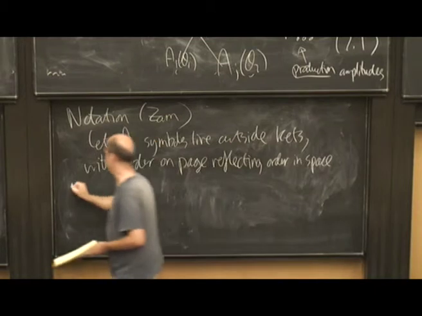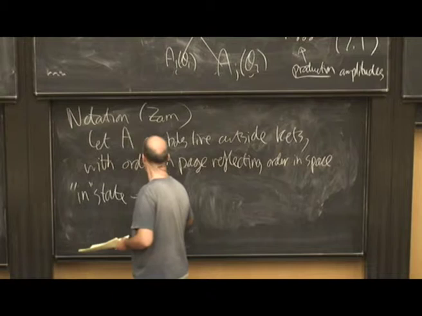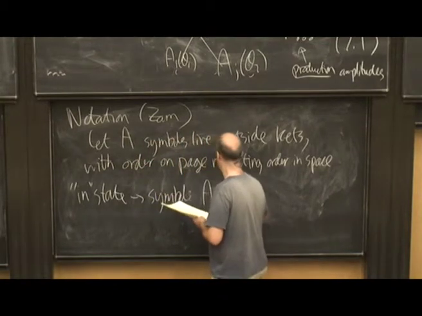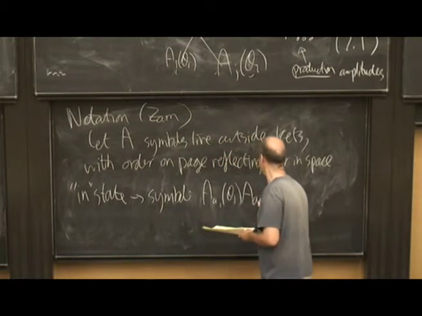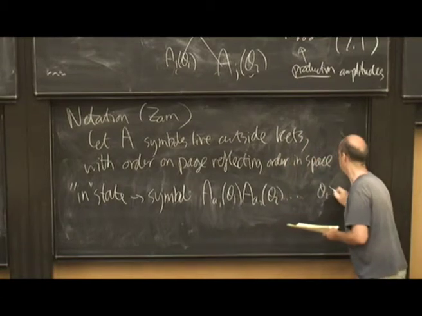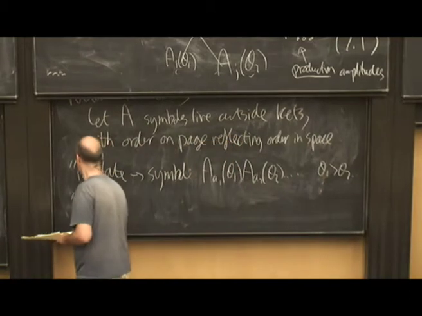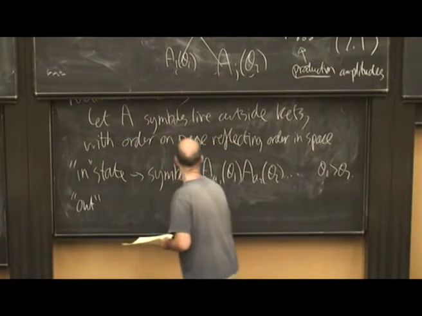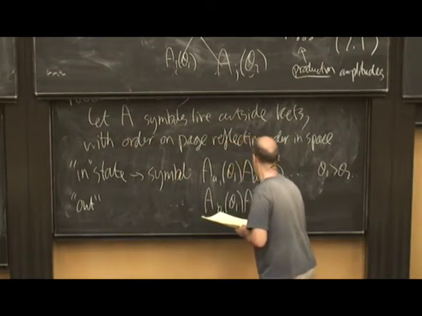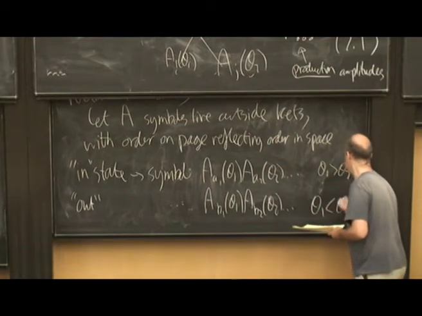So an in-state goes to a symbol which would be A1 of theta 1, A2 of theta 2, and so on, with theta 1 bigger than theta 2. And out, you can guess for yourselves, it's going to be, let's say, B1 of theta 1, B2 of theta 2, with theta 1 now less than theta 2.